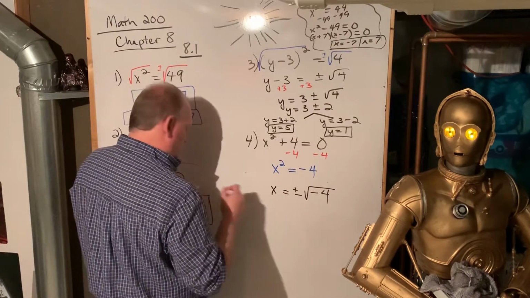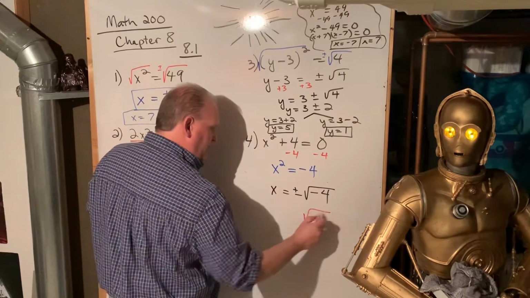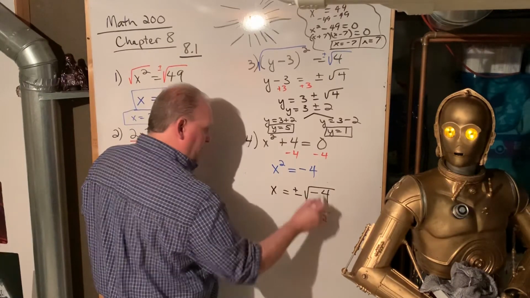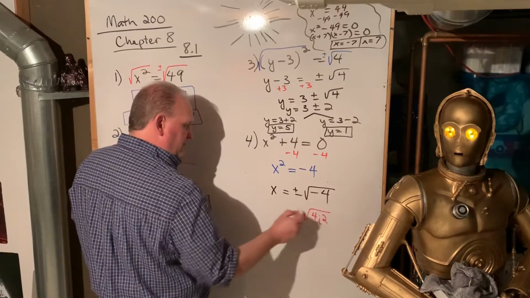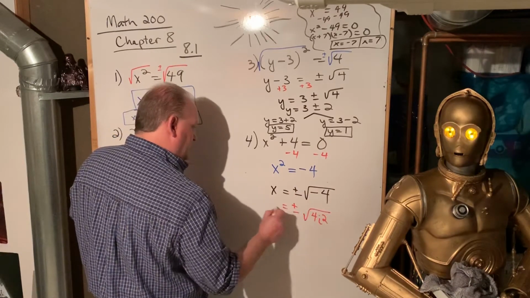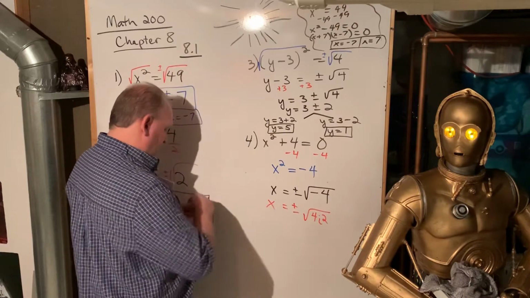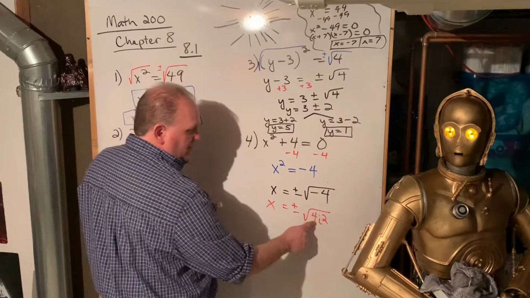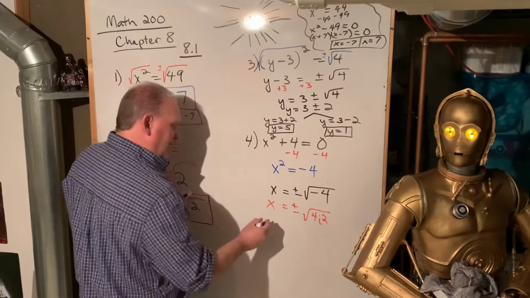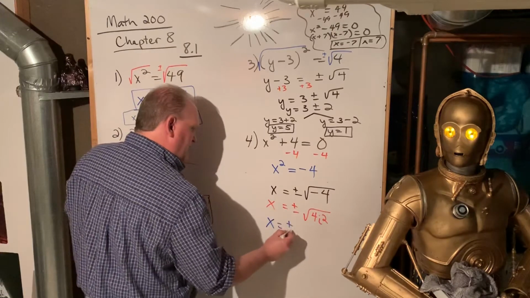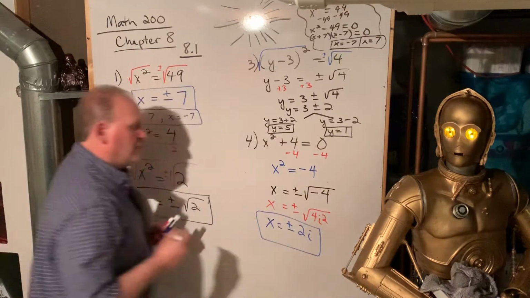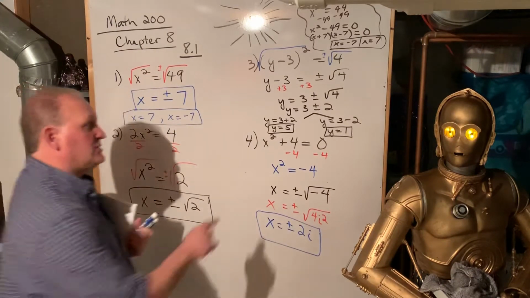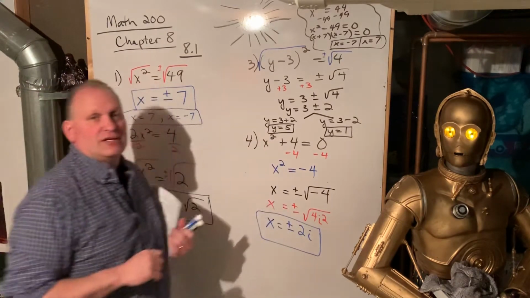We're going to rewrite that. We're going to replace that with i squared, right? Whenever you have an even rooted thing with a negative in it, you replace the negative with an i squared. Still a plus or minus in front of it. And now we can evaluate that. That's a perfect square, that's a perfect square. So x is equal to plus or minus 2i. So there are two complex solutions to this second degree equation.